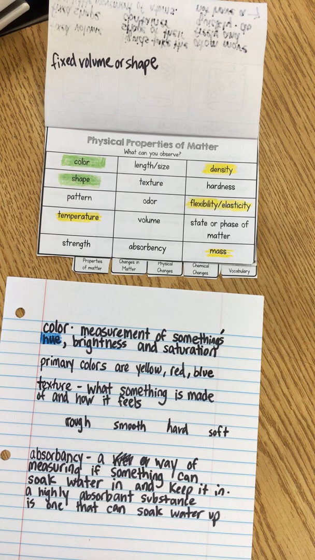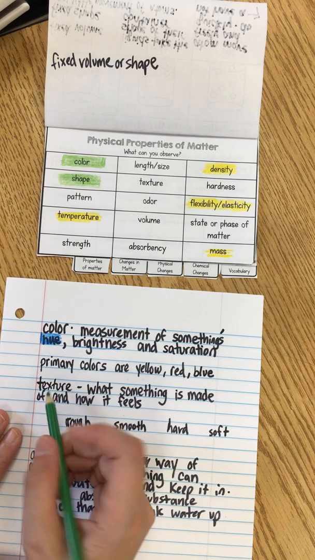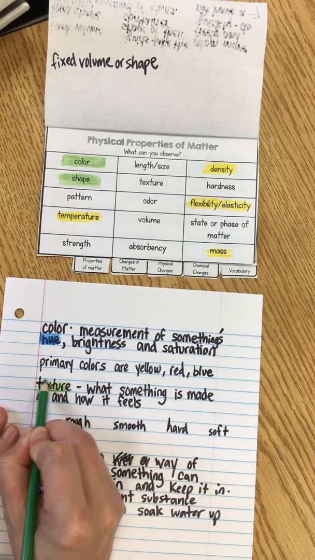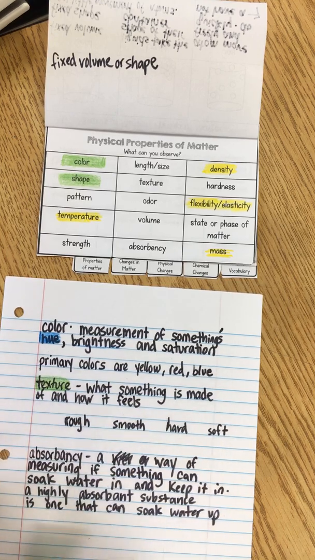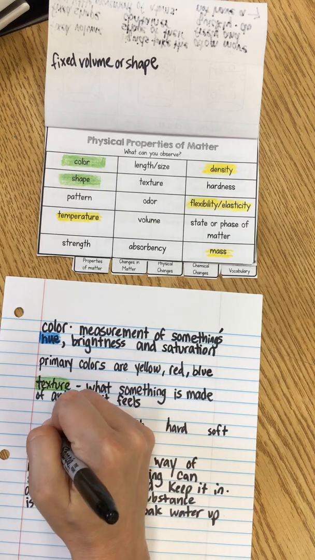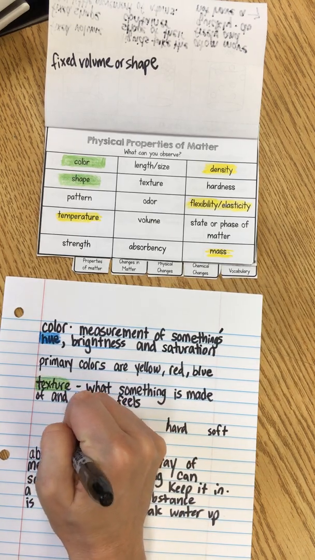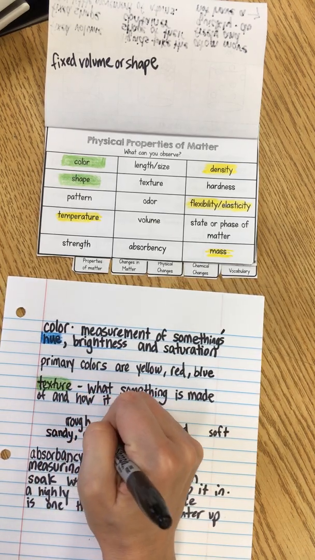Texture refers to what something is made of or how it feels. So commonly used words related to texture are saying that something is rough or smooth, or saying that something is hard or soft. And then we can get more specific from there. If something is rough, we could say it's sandy, gritty, or bumpy.